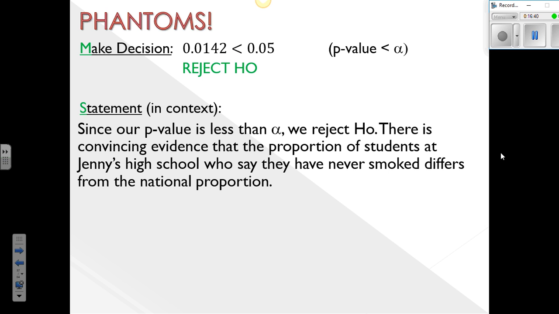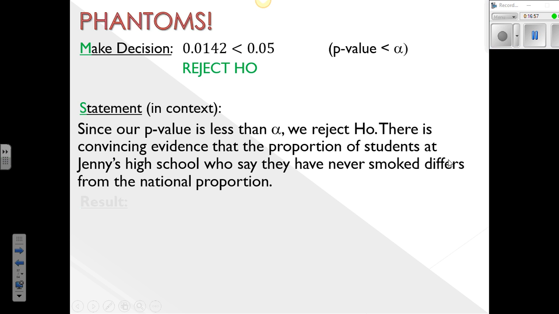Now, unfortunately, this doesn't give us a lot of whereabouts. The only thing we were able to say is that it's not the national proportion. It differs from 0.5, correct? That's all we were able to say.